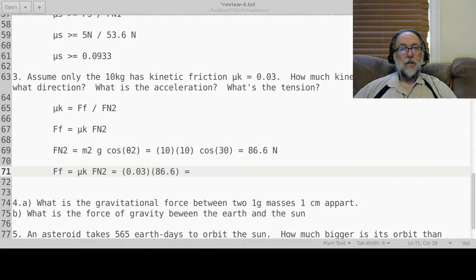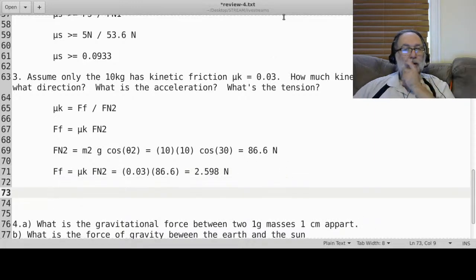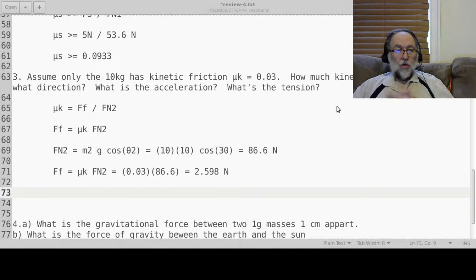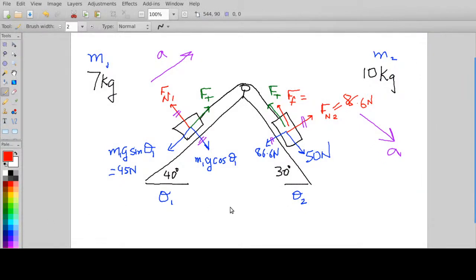That gives us this number right here. So it gives us that the frictional force is 2.598. I'll write it in the diagram. Let me just round it off to 2.6 for the diagram. It's annoying to write all those decimals in there, but on your calculator you can carry them all. So this here is going to turn out to be 2.6 newtons. Like that.